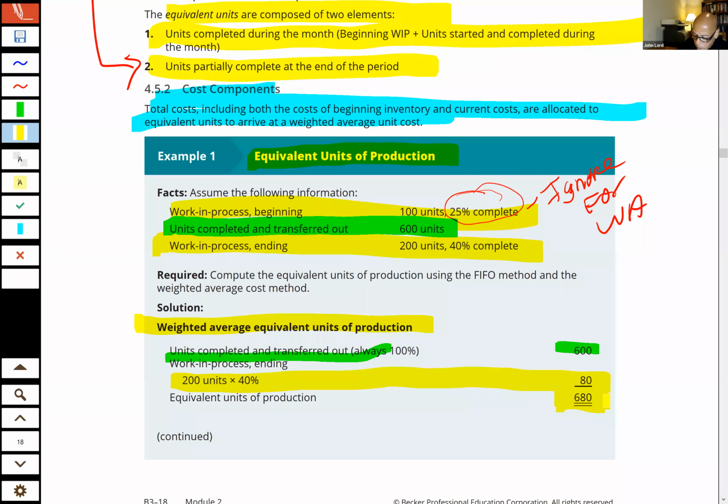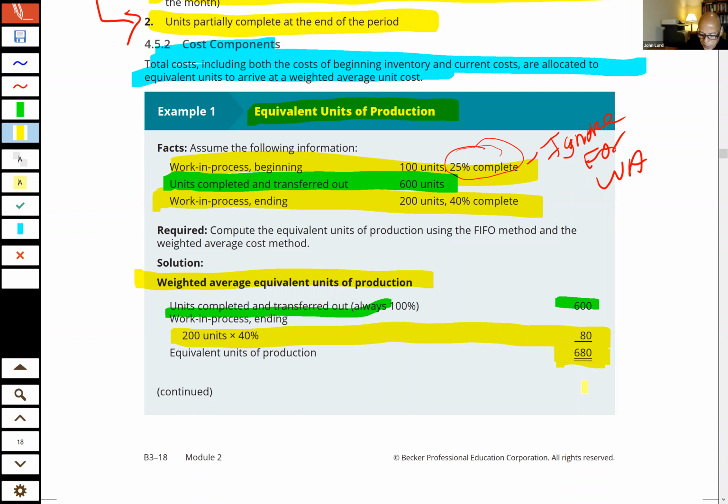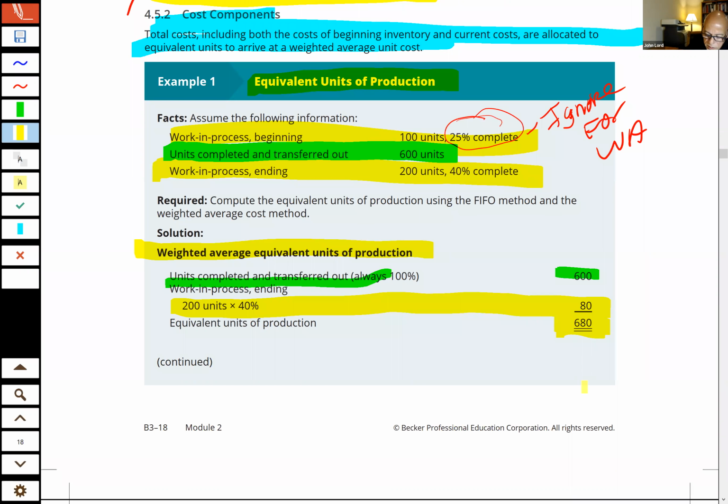Okay. Now, what would you do if the question said to you, well, let me put it this way, there's another way to do this. If they call this units completed and transferred out, you could do this another way. You could sit here and say, well, look, I'm going to give myself 100% credit for the beginning inventory.